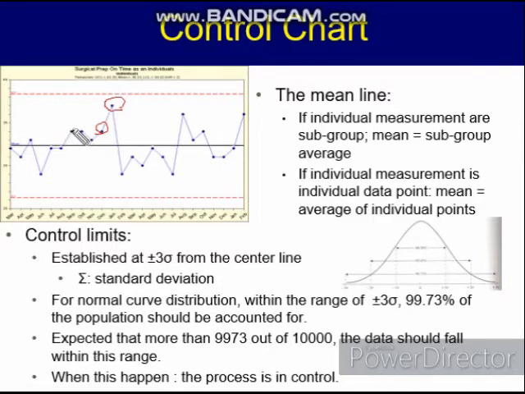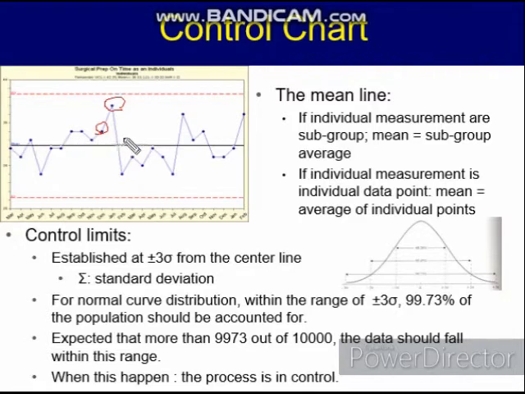Then basically the mean is the average of the individual points. So let's say you have all these data points, and each can be either a subgroup or an individual data point.